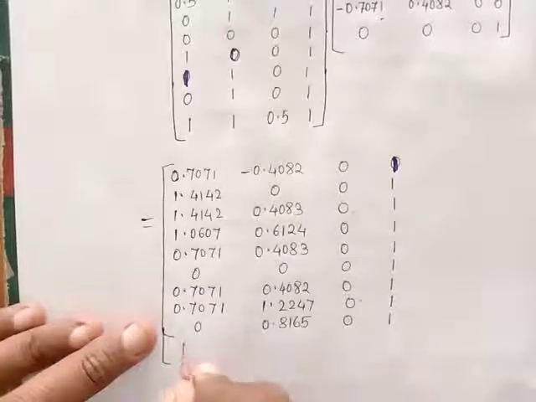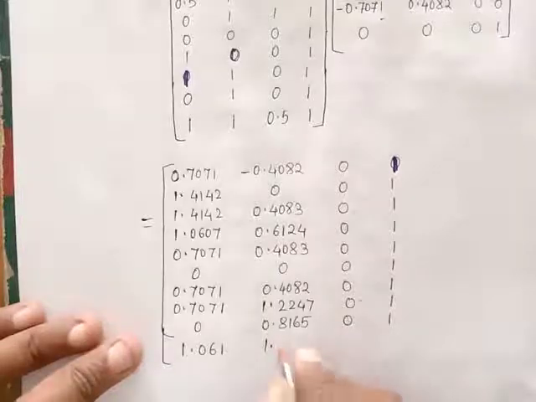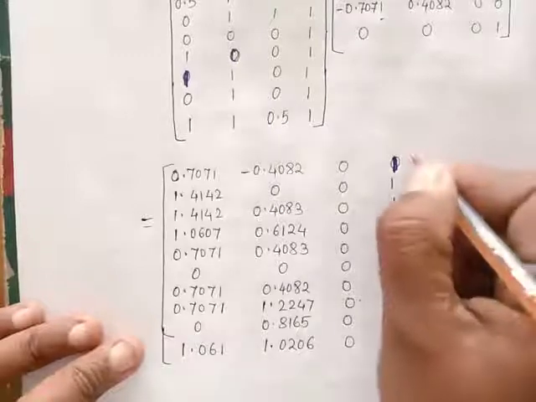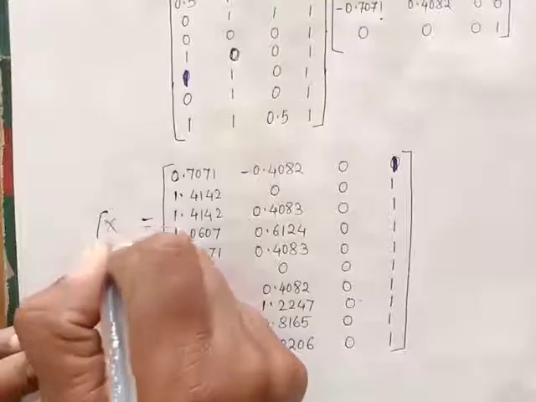Then 1.061, 0.6, 0, 1. This is the resulting object, that is X star.